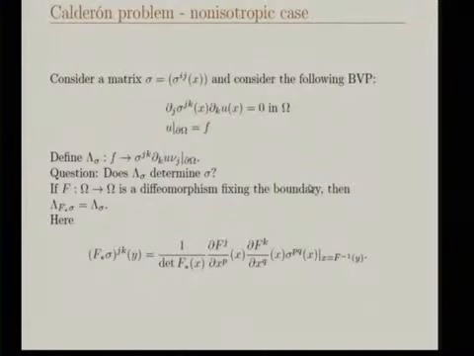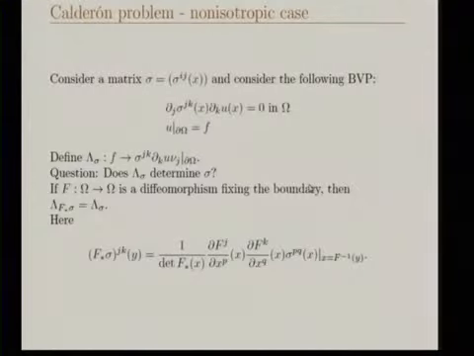As Professor Rakesh mentioned in his lectures, if you consider sigma to be sigma of x times the identity, then we saw that this Dirichlet-to-Neumann map does indeed determine sigma uniquely. He also mentioned that it is uniquely determined provided sigma 1 and sigma 2 are given by sigma 1 times identity and sigma 2 times identity.